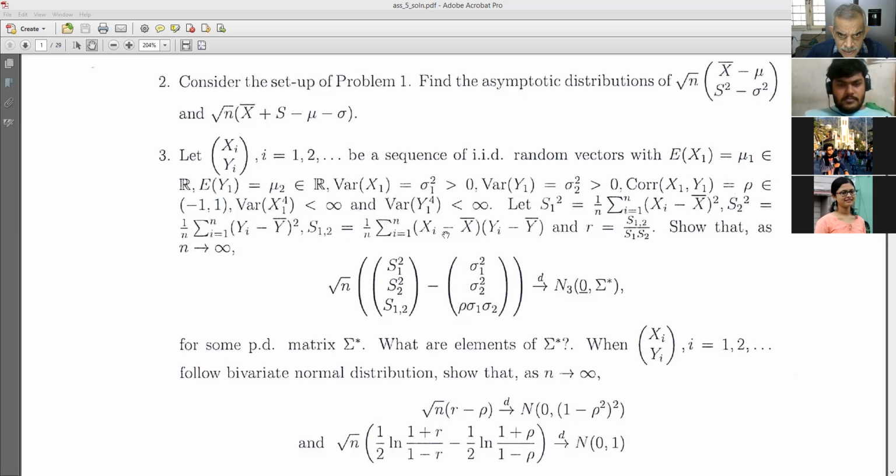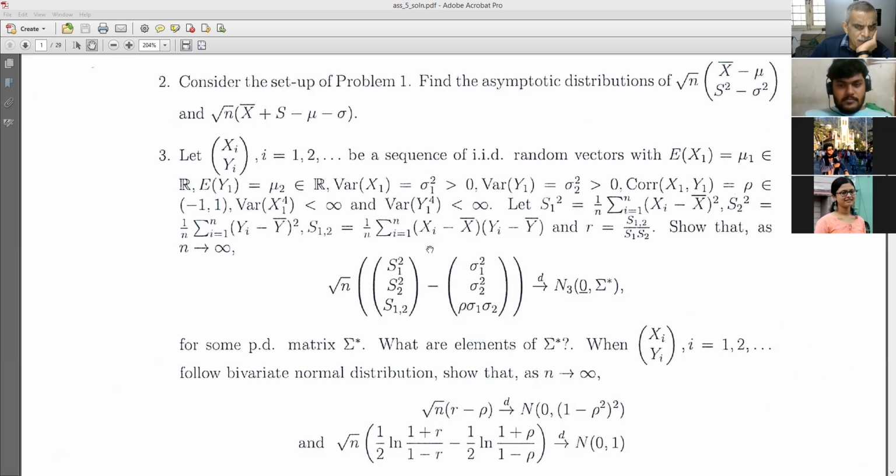Similarly, when I look at S12, this X bar and Y bar will not make it IID. But if I make it (Xi minus mu1) and (Yi minus mu2), then these are IID, because (X1, Y1) and (X2, Y2) are independent. So X1 minus mu1, Y1 minus mu2, and X2 minus mu1, Y2 minus mu2 would be IID.